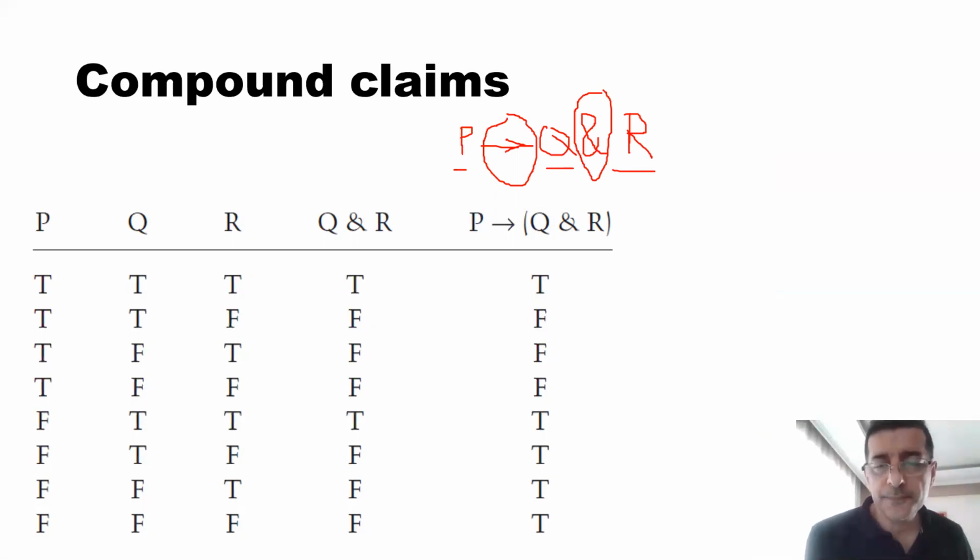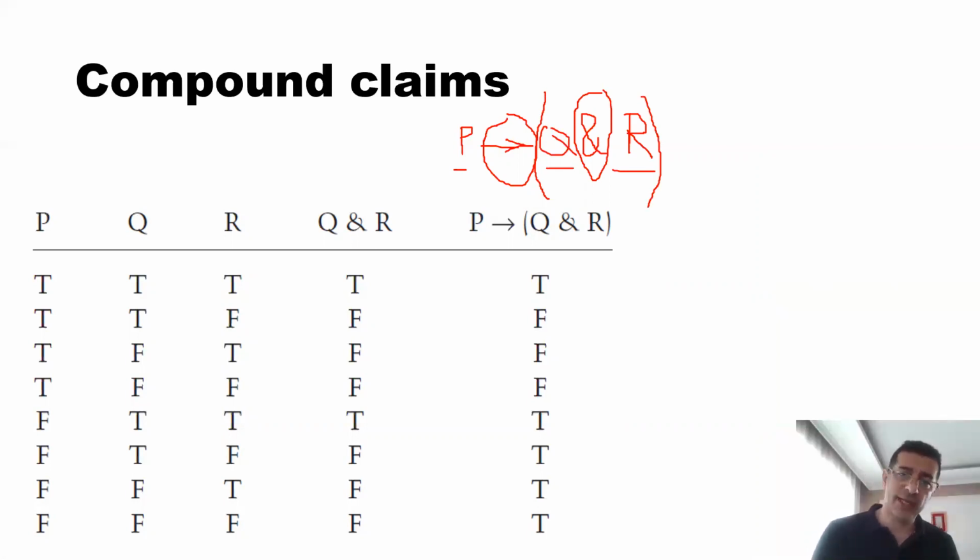Now, which one is the top level operator? Which one is the main operator? We don't know here, but let's say that we know that the top operator is here. Remember that there's always got to be one top level operator. So when we read a sentence, we have to decide what the main operator is. So here, because I know that the condition is the main operator, I need to set this off using the parentheses.